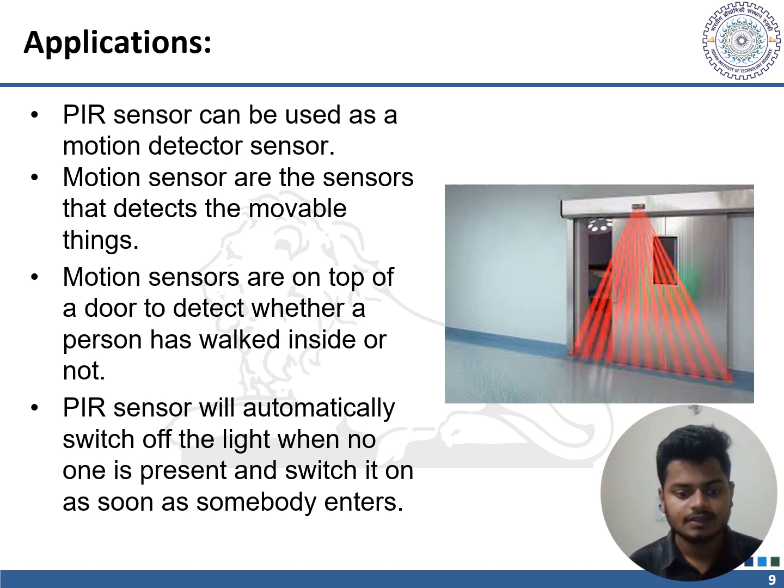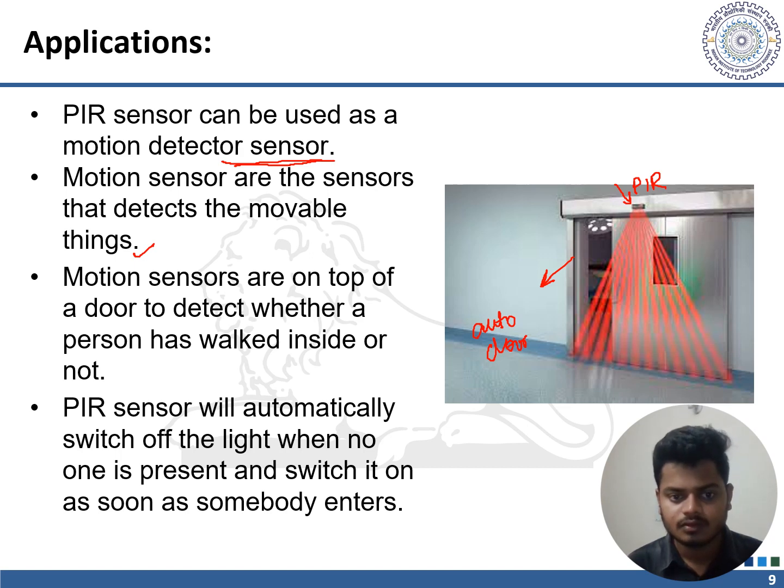And now we see the applications of PIR sensor. So PIR sensor are used in a motion detector sensor, which you already see. And motion sensor are the sensor that detects the movable things. Motion sensor are on top of a door to detect whether a person has walked inside or not. So we use this in automatic door, and we use the PIR sensor here.